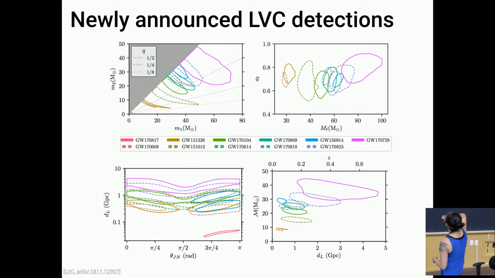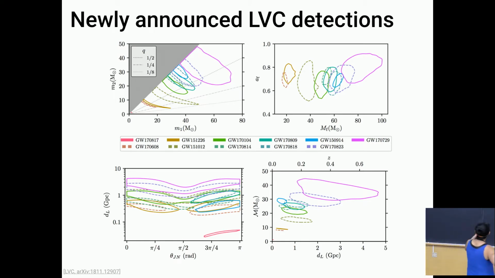Bottom left is also a little interesting. The vertical axis is the distance, and the horizontal axis is the inclination angle. So you have 2 things orbiting and emitting gravitational waves. The gravitational waves are going to be stronger if you're standing over here rather than over here, because they're radiating outward.